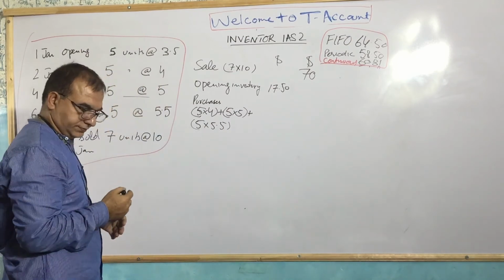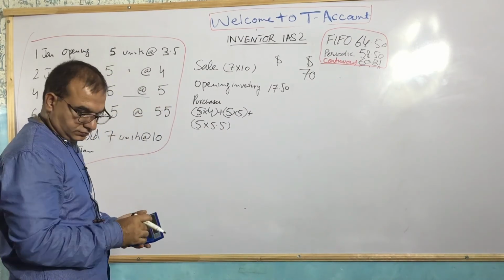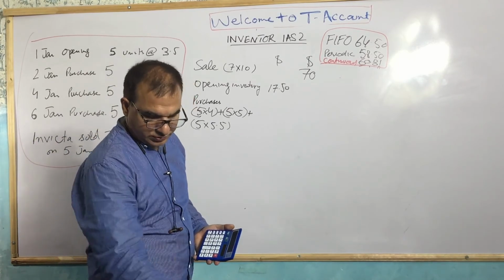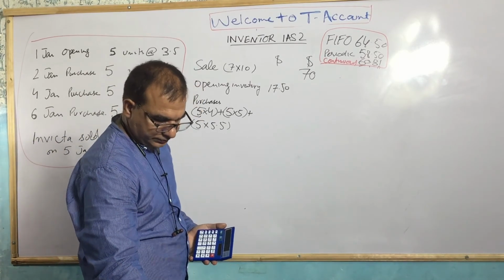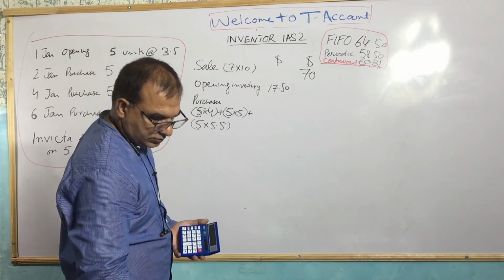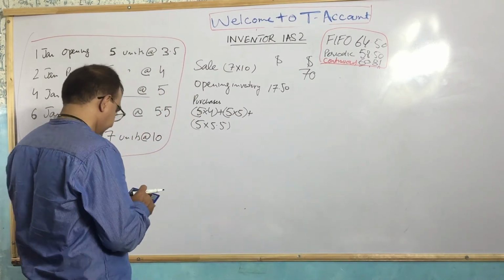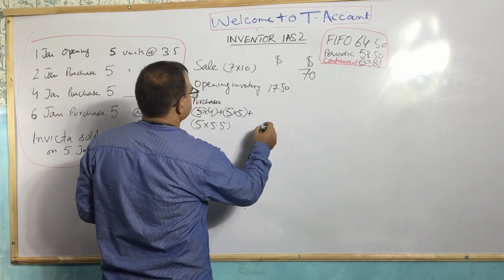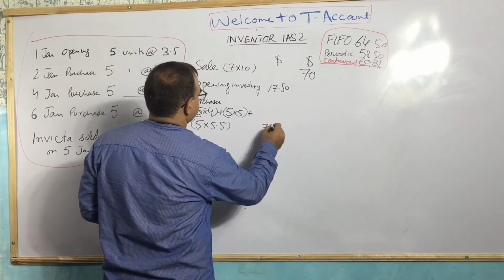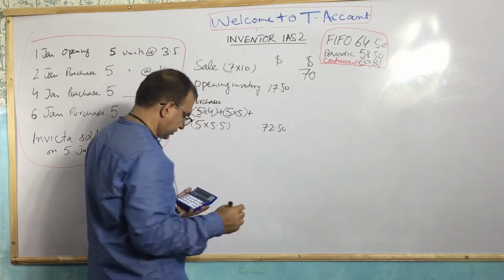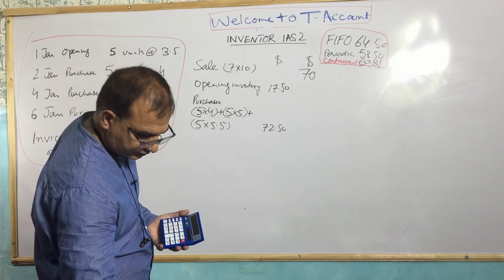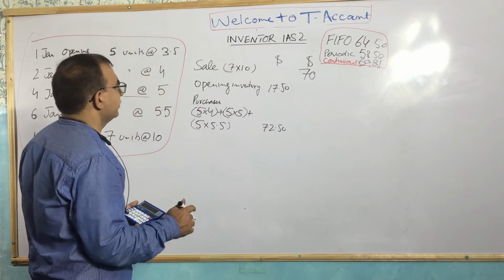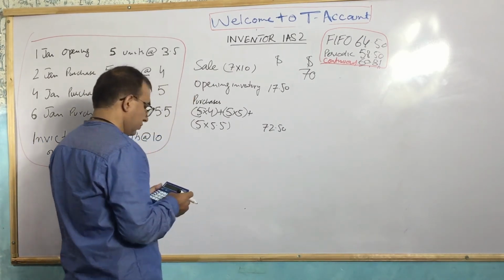How much is that? We'll get 72.5. Is that correct? $72.5.